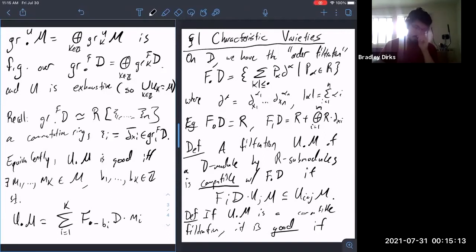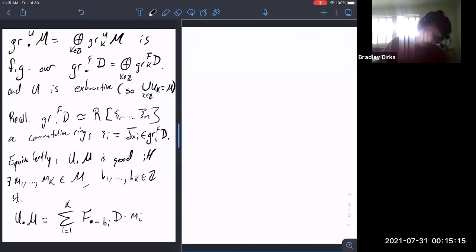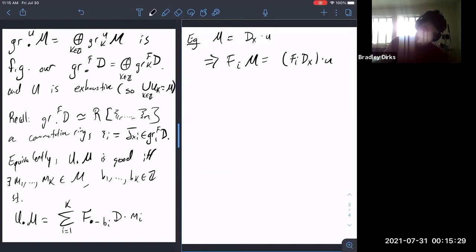And so, for example, if M is just generated by a single element u, then F_i D, which is just F_i D times u, is a good filtration.